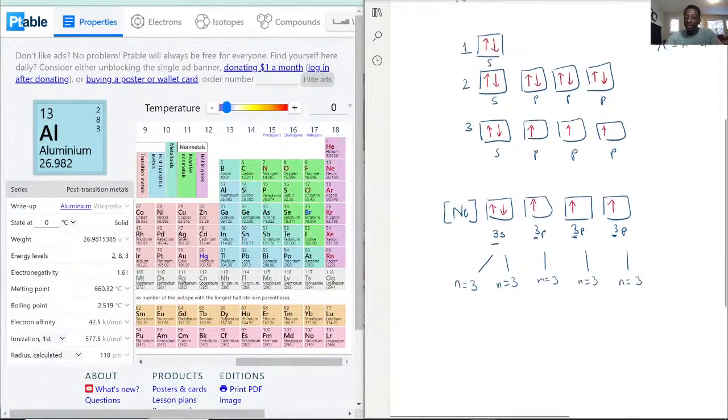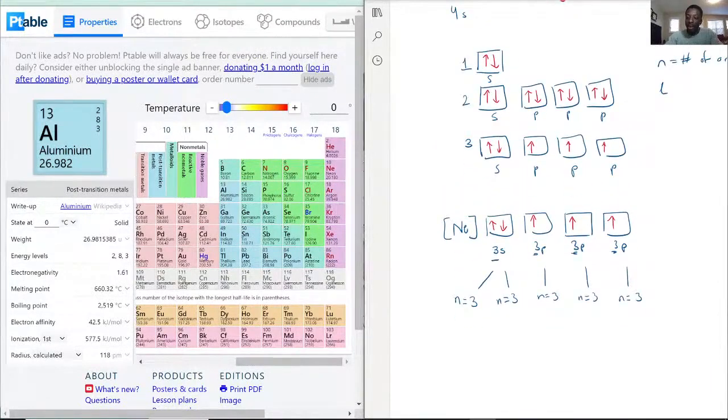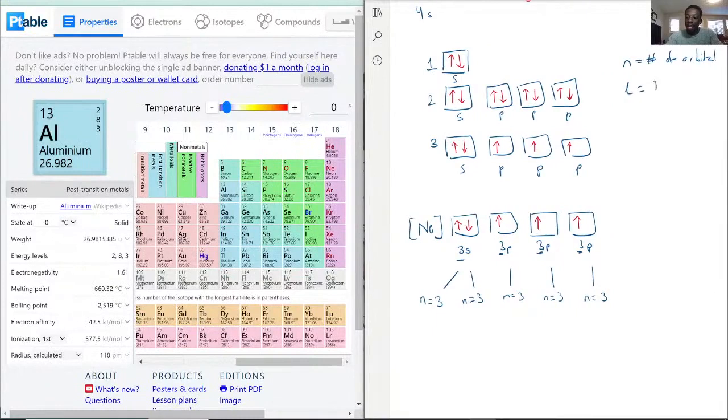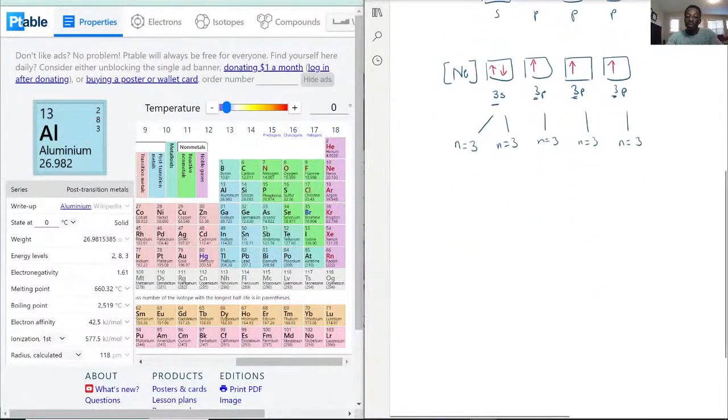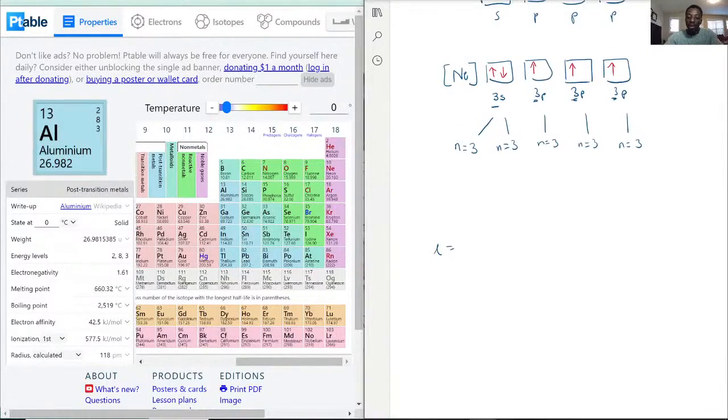Now L is the type of subshell, and they go through rules. If L is equal to 0, that's the S subshell, the first 2 columns. If L is equal to 1, that's a P subshell, which is columns 13 through 18, excluding helium.